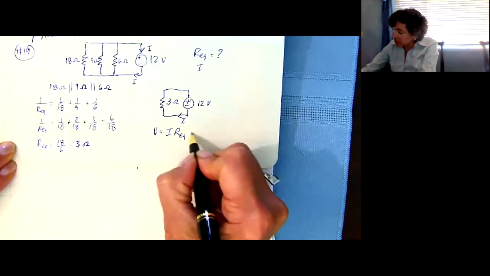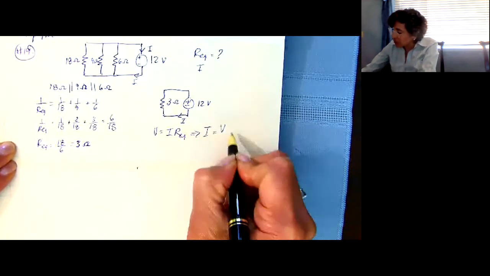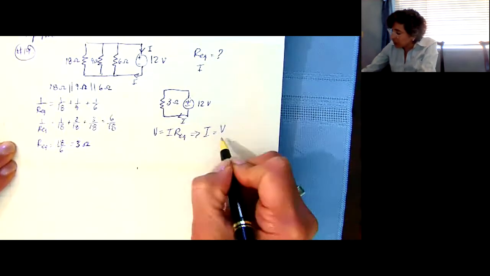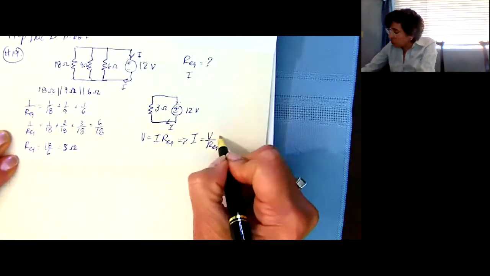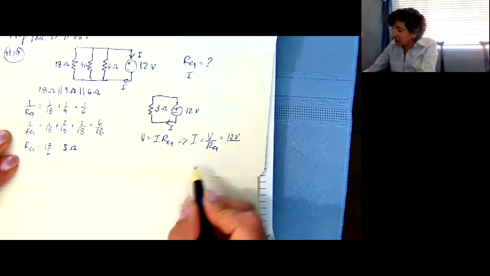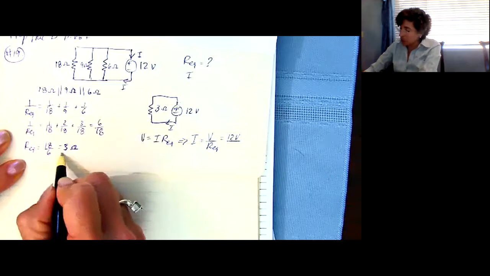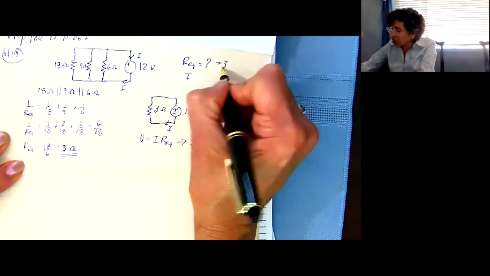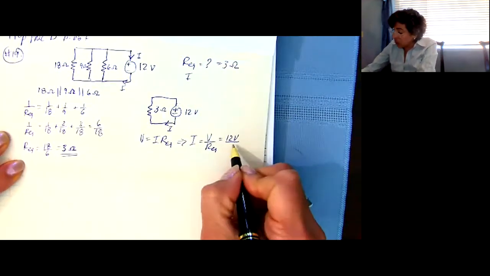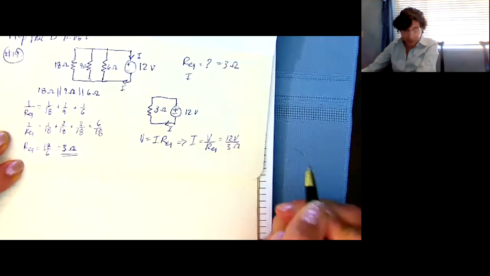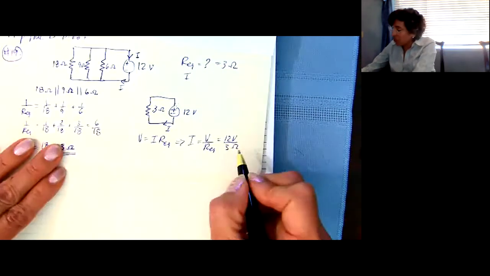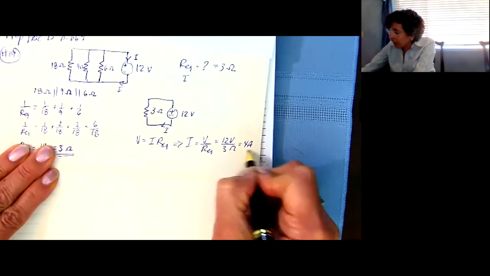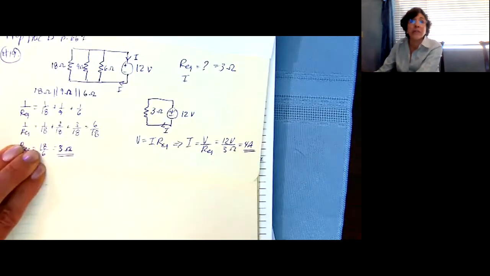Therefore the current is the voltage divided by the equivalent resistance. So I have 12 volts divided by 3 ohms, which was my equivalent resistance. And 12 divided by 3 is 4 amps. 4 amps. That's a lot of current.